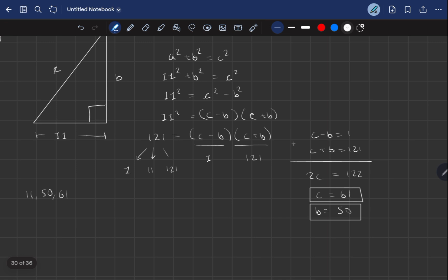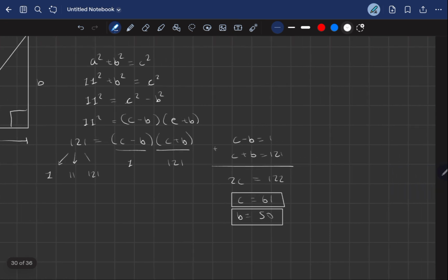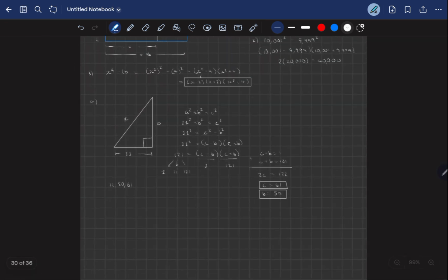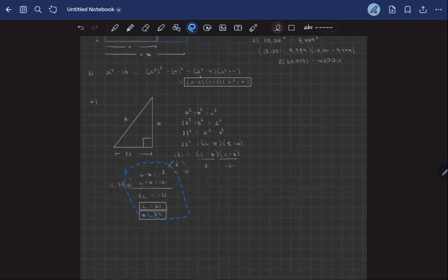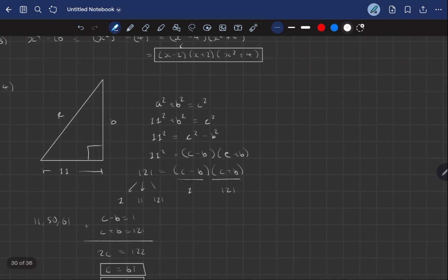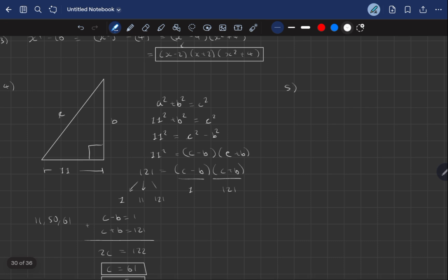Now, we can also use number theory. Say I want to represent 437 as a difference of two squares.